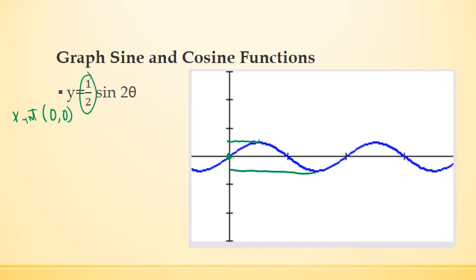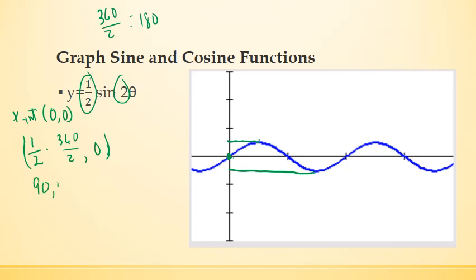Now, in order to determine and verify these x-intercepts, we can start with this: 1/2 times, and what is our period? Let's go to that first. The period, remember, is equal to 360 over b, and b in this case is 2, so that's 180. So I've got 1/2 times 360 over 2, comma, 0. 2 into 360 is 180, and multiplying that by 1/2, we should see 90, comma, 0.